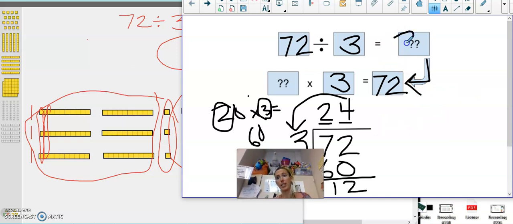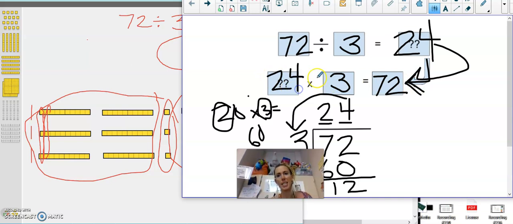Did you see it? Can you write it before I do? Because it is the number 24. So then I check it, right? And I say, okay, well, if that's true, then 24 times 3, 24 groups of 3 should give us 72.